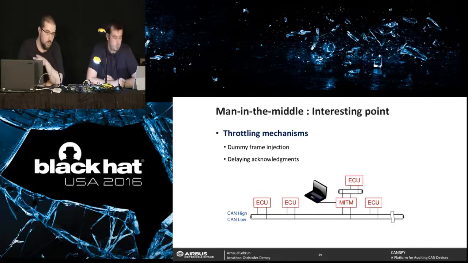Very simple to understand, but you have to be able to control the acknowledgement mechanism at the microcontroller level to implement this option. It's just a true-false option on the tool, but there's a bit of work under there. For the very same reason, if you drop frames, for example because you have rules to drop frames from one bus or the other, you will again reduce the number of frames on the bus, and you will give more bandwidth to the other ECUs that will start sending more frames that you can forward to the other bus.